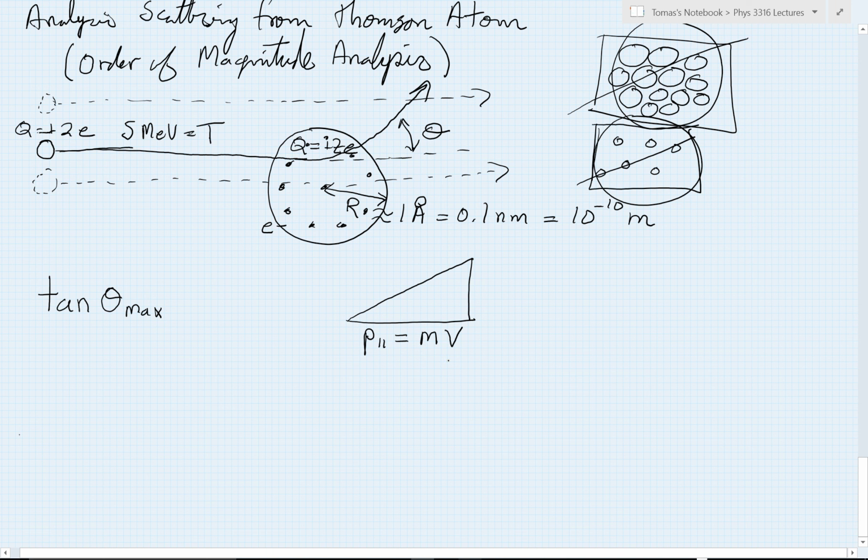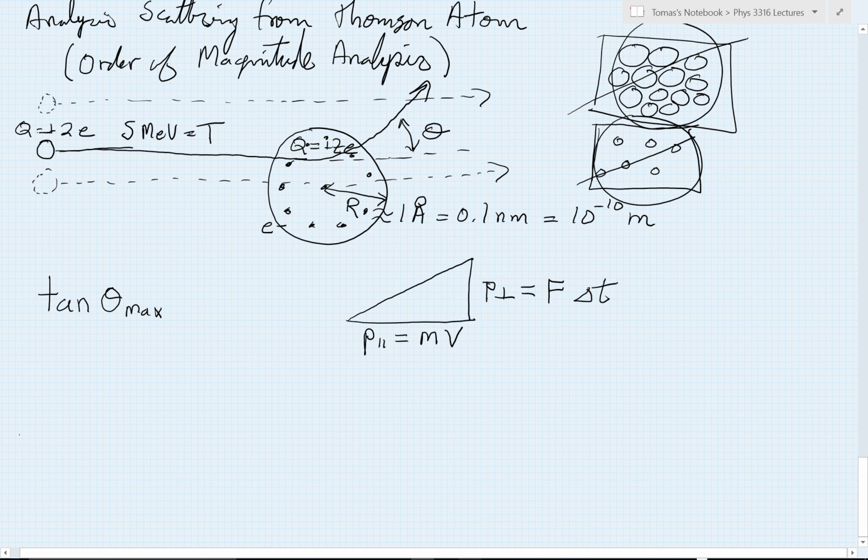Again, this is just an order of magnitude estimate. I'm going to be deflected by the positive charge on this Thomson atom, and that deflection is some perpendicular momentum that I'm picking up. What I pick up comes from, again as an order of magnitude estimate, the average force that I'm feeling while I'm in there times the amount of time that I actually spend in there.